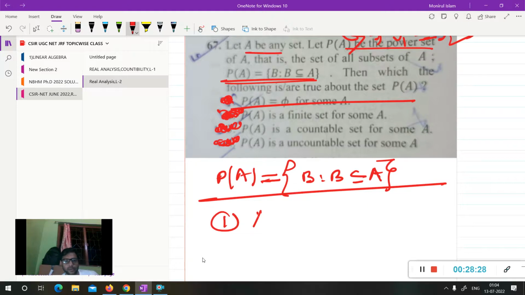Suppose A is a set, then in the worst case it contains 0 elements. But if it is a set, then it contains at least 1 element, or maybe it contains 0 elements, or more than 1 element.